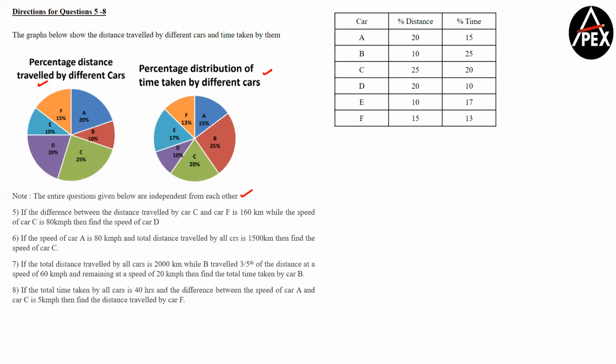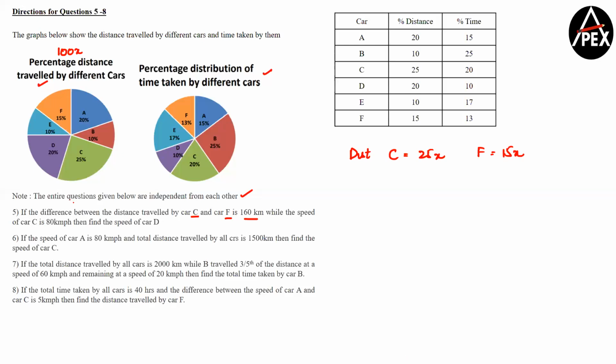Now, if the difference between the distance traveled by car C and F is 160, I will assume that the total distance is 100x. Then the distance traveled by C will be 25x and the distance traveled by F is 15x.